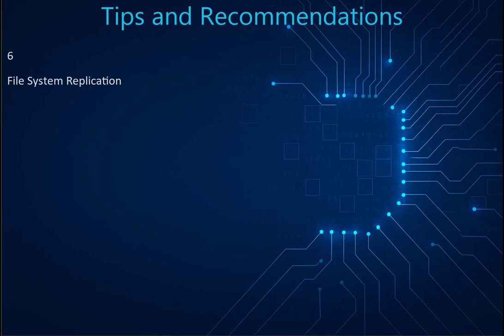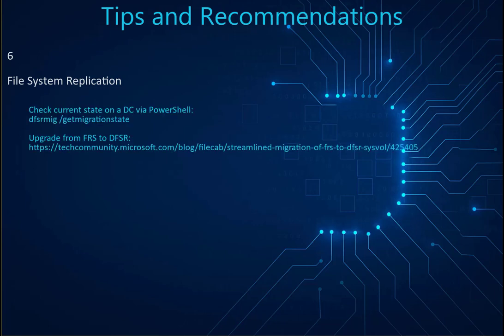First thing you want to do is check out the current state on a domain controller via PowerShell with the command shown below. And it'll tell you if you're currently upgraded to DFSR or still at FRS. And if you're at FRS, I've included the hyperlink on the quick start to upgrade to DFSR.